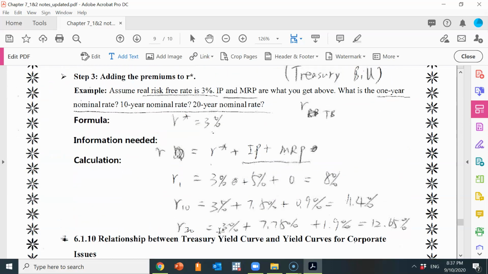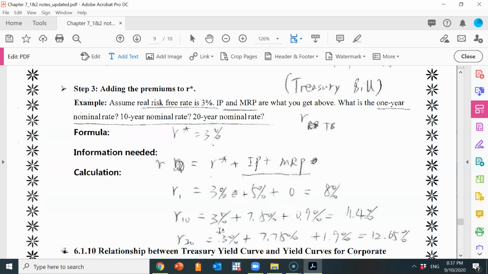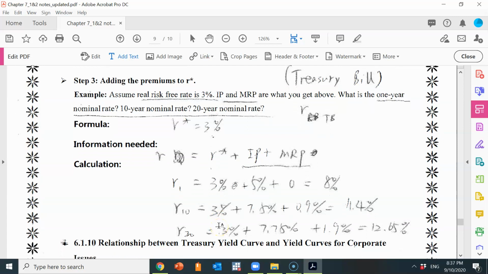Again, because this is a treasury bill, we do not have DRP and LP. We just need to use the basic formula: interest rate R equals real risk-free rate R star plus IP, inflation premium, plus MRP. In this question, we know R star, the real risk-free rate, is 3%.